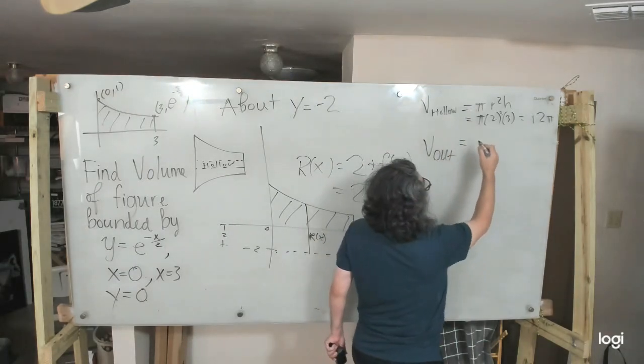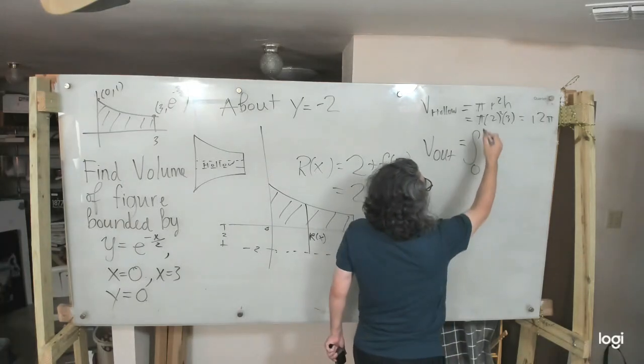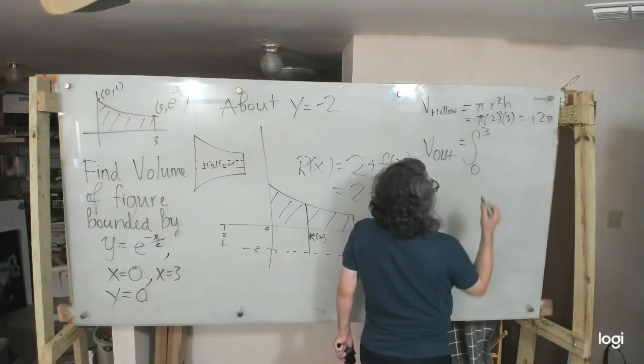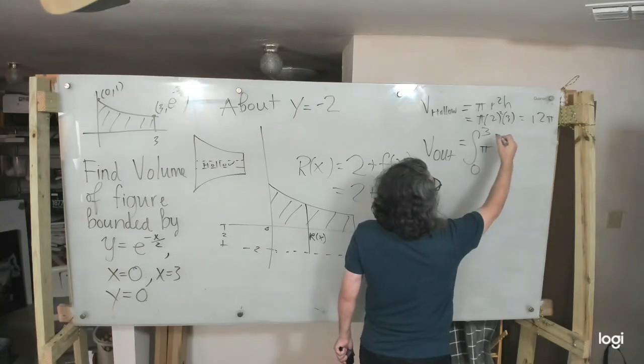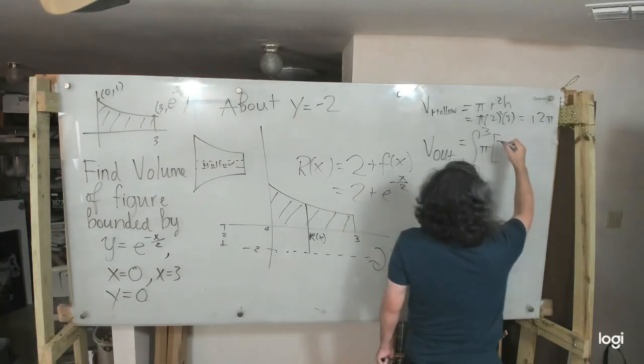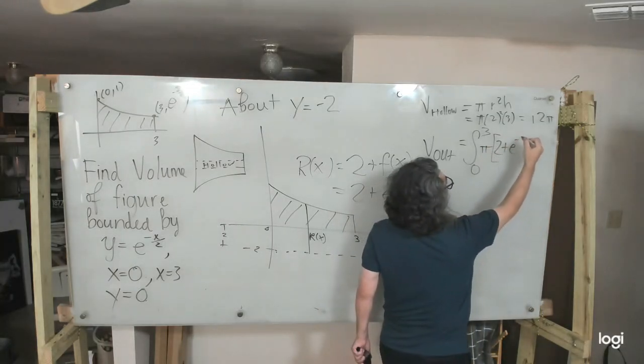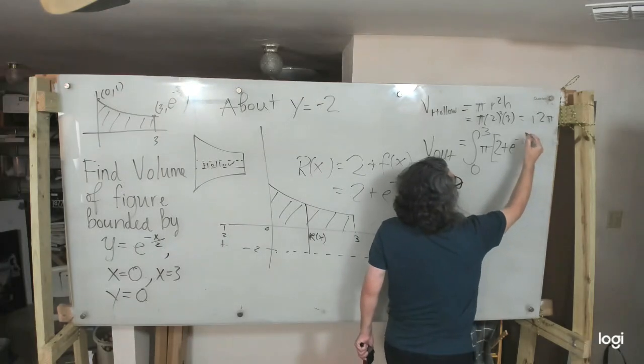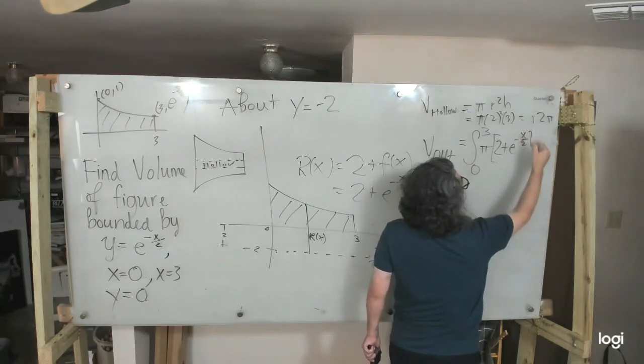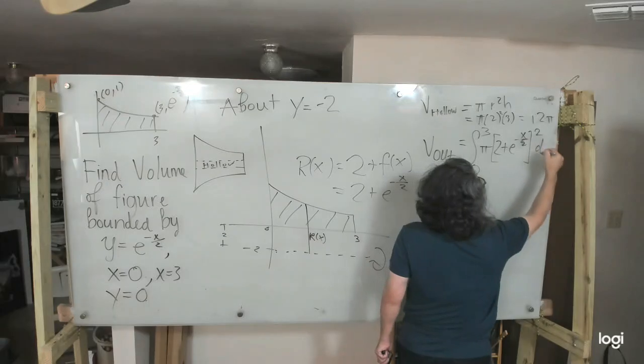So the volume of the outside is going to be the integral from 0 to 3 of pi times our radius, which is 2 plus e to the negative x over 2, squared dx.